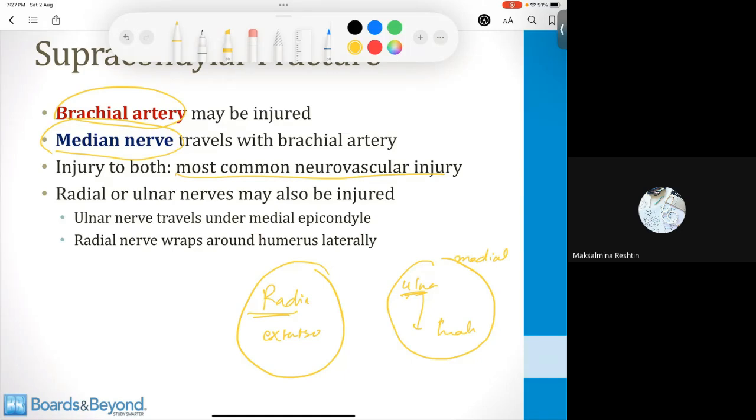So can I say that whenever we have damage to the medial epicondyle, most probably the ulnar nerve is going to be damaged? Yes, also just behind. The radial nerve supplies the extensors, and the extensors come from your lateral epicondyle. So whenever we have damage to the lateral epicondyle, we can have damage to the radial nerve. That's really important to know.